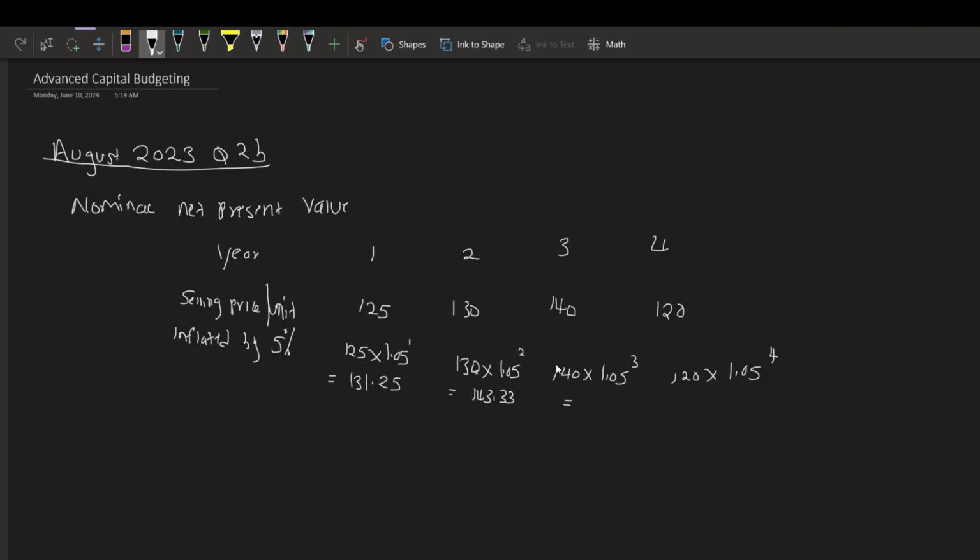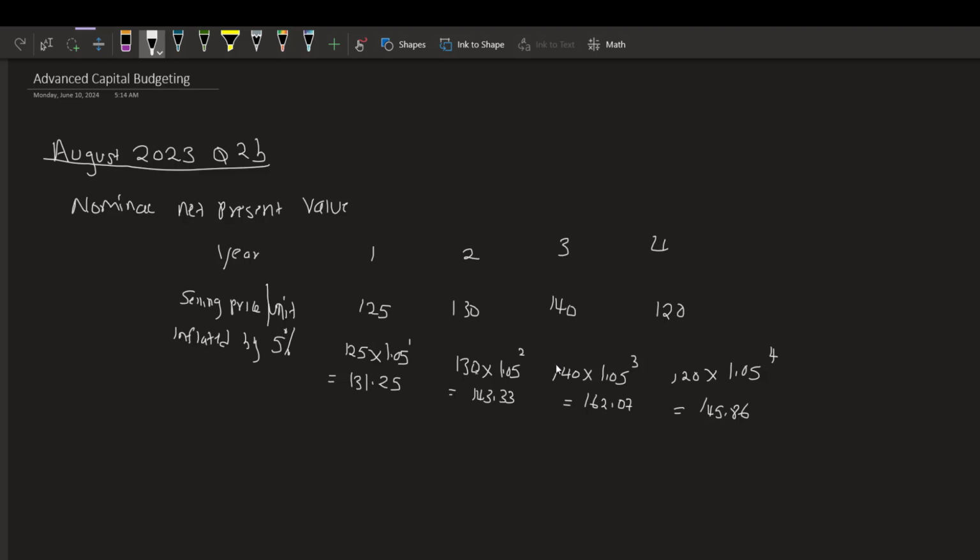Here we'll get 162.07. And lastly, we have 145.86. Now those are the inflated prices.